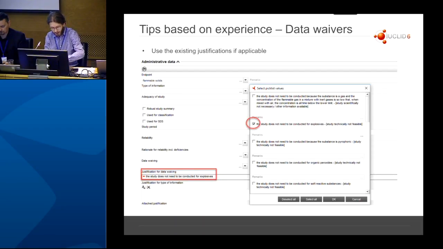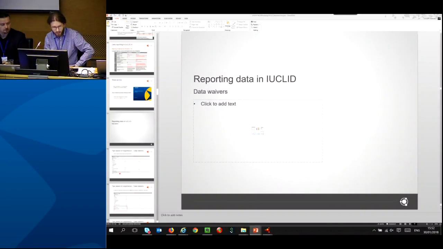Okay, I think that's all for the data waivers. I don't know if you want to see something else, but I want to show something else just before we leave you. The migration is a bit too much. But I wanted to show you the DNEL calculator and the PNEC calculator, at least to explain what they are and what they do.